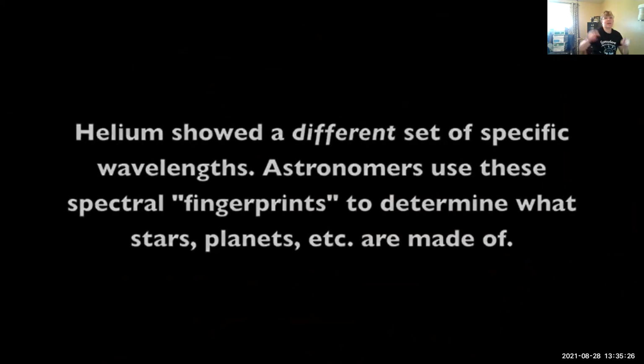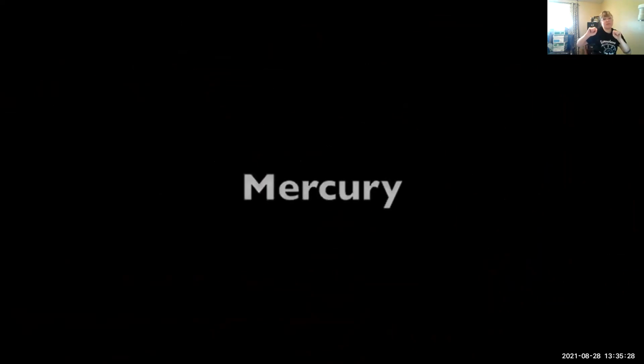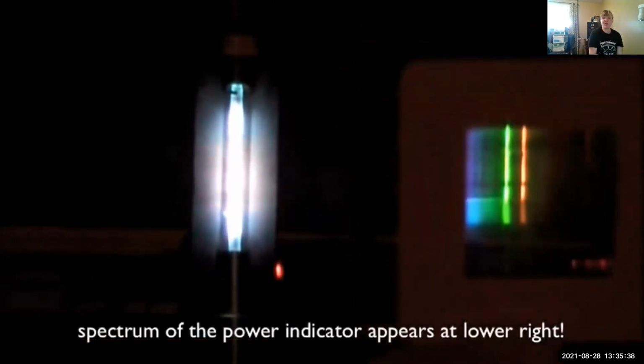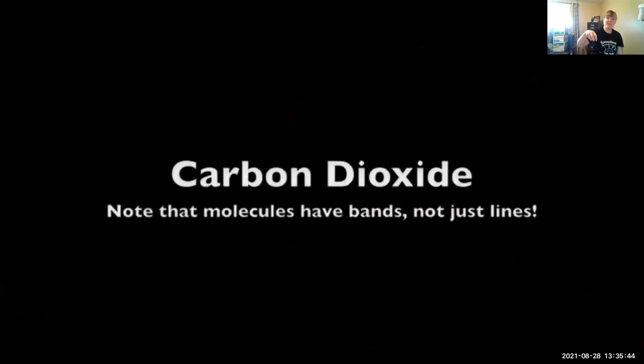Astronomers use these spectral fingerprints/barcodes to figure out what element is what. So just like stores can scan the barcode, we can use these striping patterns to see what elements, or in this case, compounds, are present.